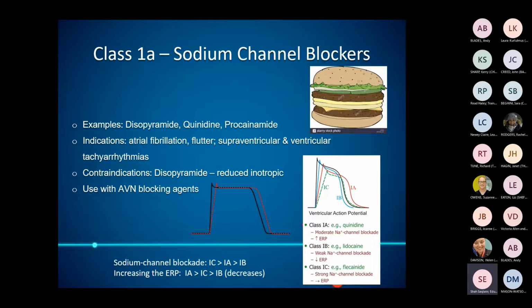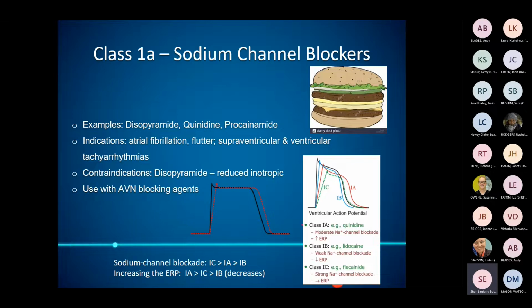What you'll also tell me is that the width of the action potential is wide, but there's not a massive change in the length of the action potential that we see in front of us.